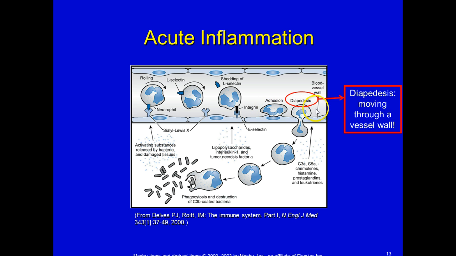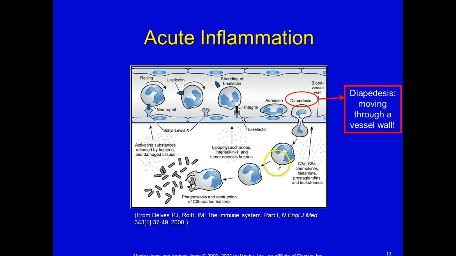What's really important is to know the term for the movement of the white cell through the vessel wall, that is diapedesis. Through diapedesis, it makes it through the wall. And things like C3a, C5a, you'll know what those are in the next couple weeks. Chemokines, histamine, prostaglandins, leukotrienes, etc. help this process along.